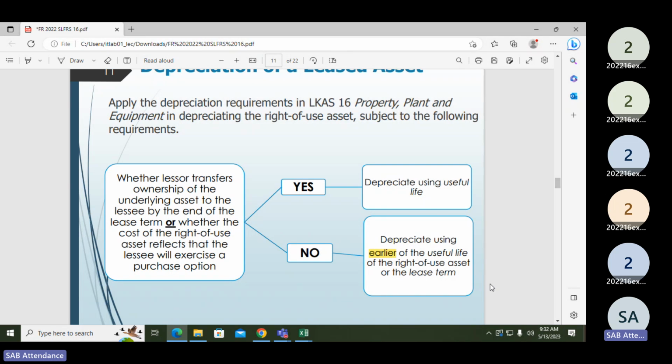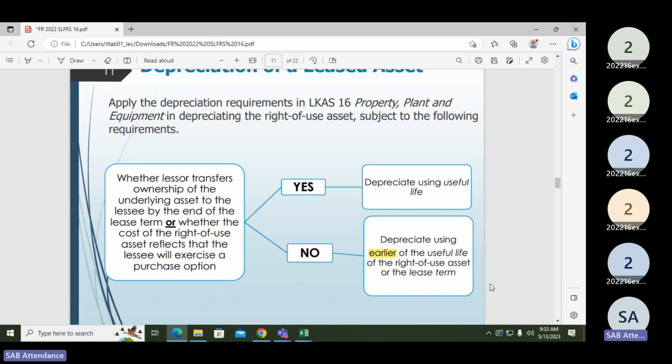Say for example, you lease a machine for a period of 5 years, and the useful life is maybe 6 years or 7 years. If the ownership transfers, you can depreciate over 7 years.